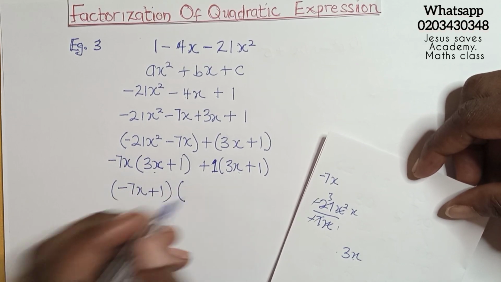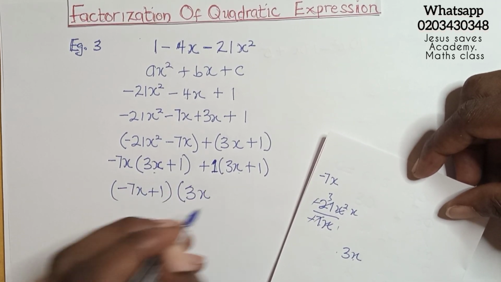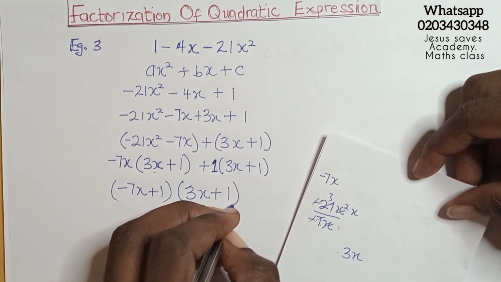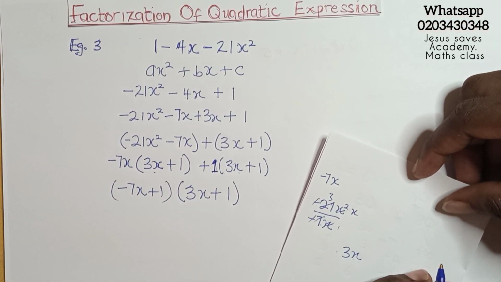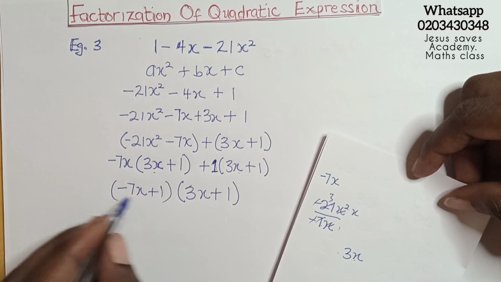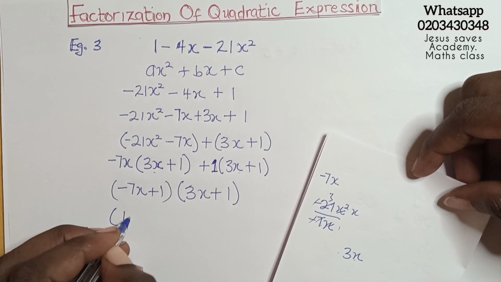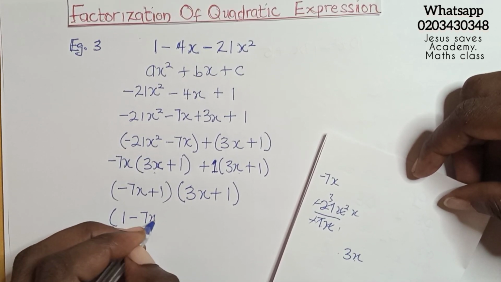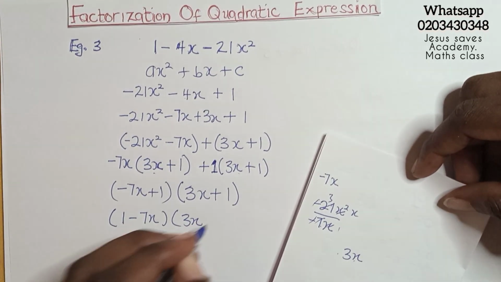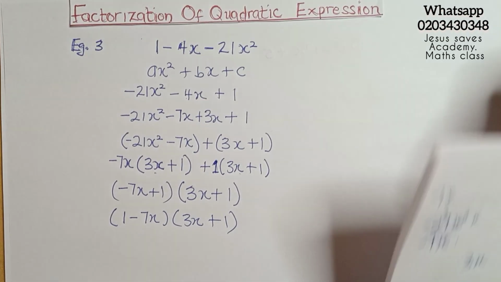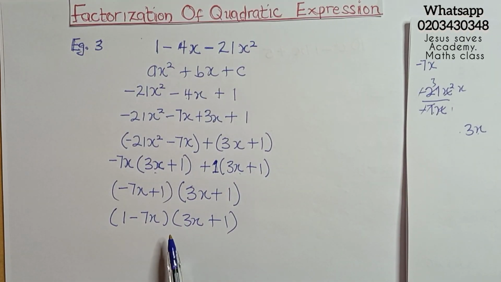Then we open the bracket and repeat 3x plus 1, the recurring bracket. So we can rewrite this expression as 1 minus 7x, bracket open, 3x plus 1. Since multiplication is associative, we can bring this bracket here and send this one there.